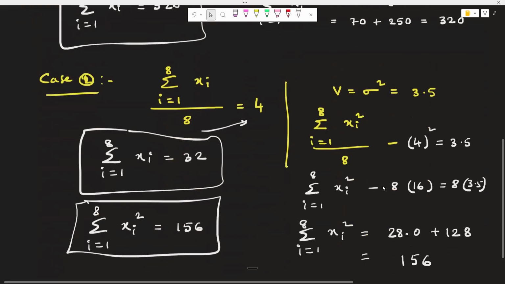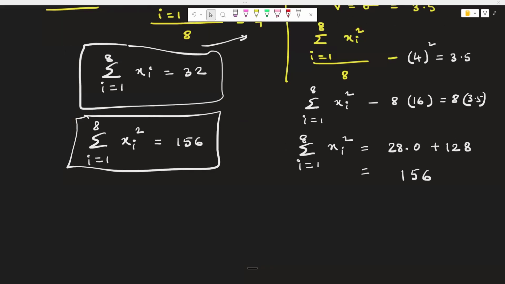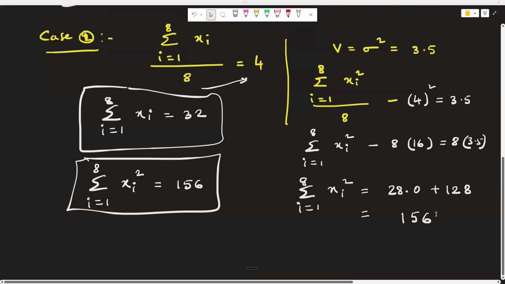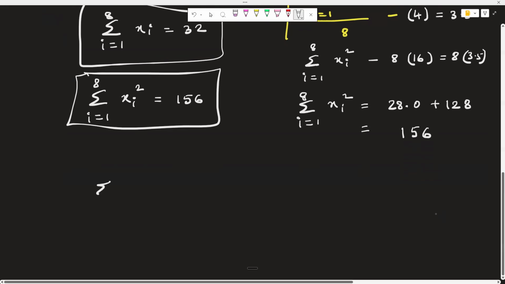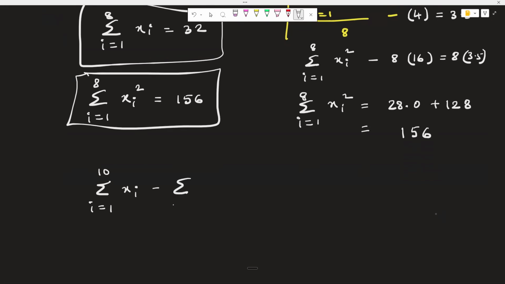Okay, now we will do subtraction to get the value. How to do that? First, we will take sigma i equal to 1 to 10 xi minus sigma i equal to 1 to 8 xi.